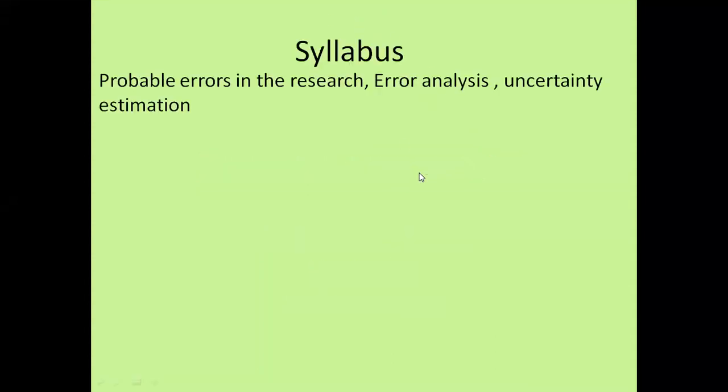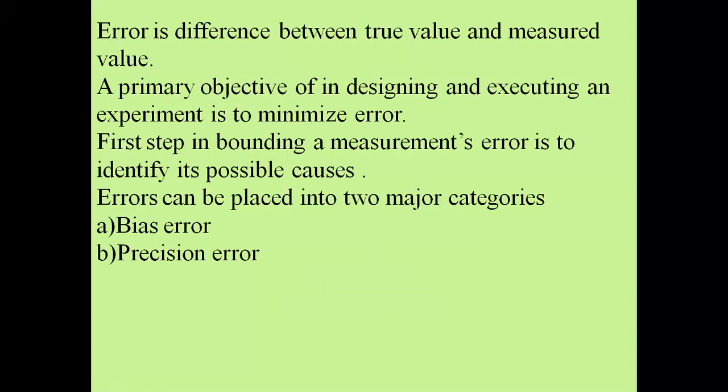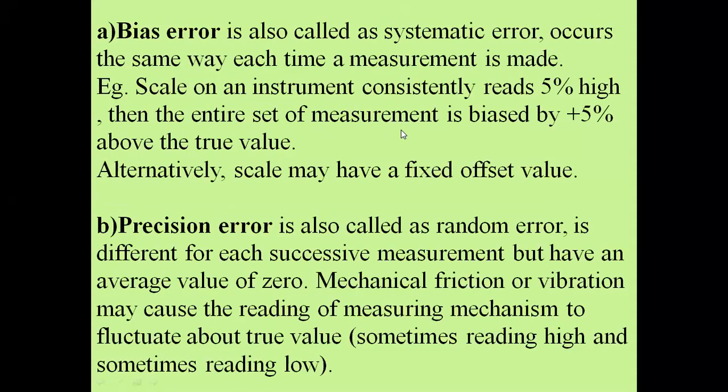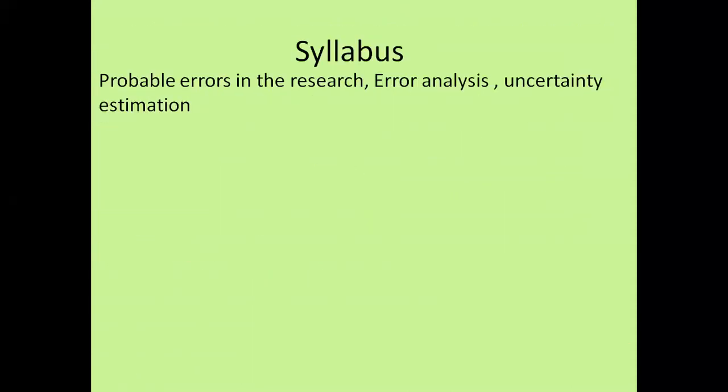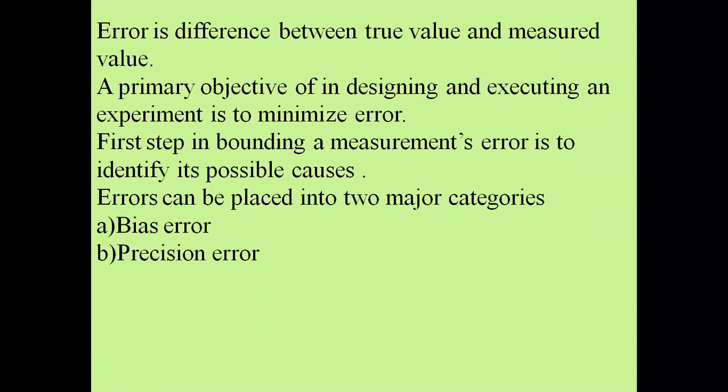So we are seeing error and error analysis. When we measure anything, there is always error. So what is error? What is meant by error? Error is the true value minus the measured value.